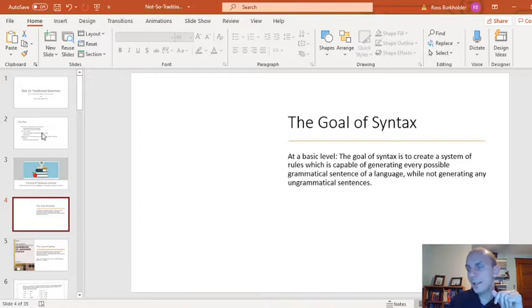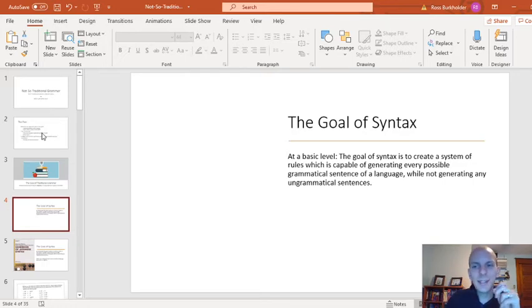Modern syntax, I like this. There's probably more eloquent renditions of this goal out there. This is me spitballing it. But what I see as the goal of syntax, and I'm not alone, can be nicely encapsulated in the following, right? The goal of syntax is to create a system of rules. Again, that should remind you, system of rules for language, that's grammar. And that's right.